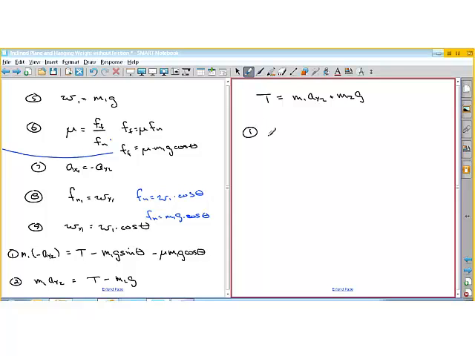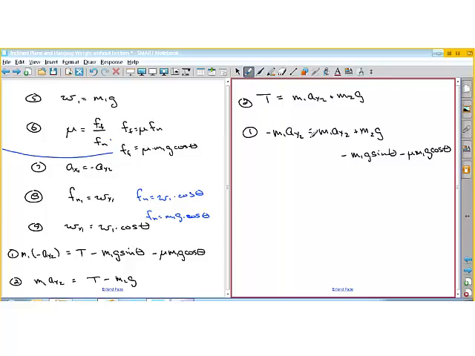So this is the second equation rewritten. The first equation becomes minus m1 a sub y2 is equal to the tension, but the tension is m2 a sub y2 plus m2g, and then I have these terms there, m1g sine theta minus mu times m1g cosine theta.